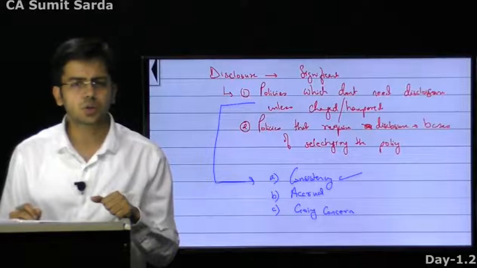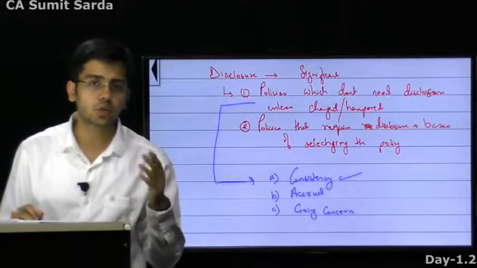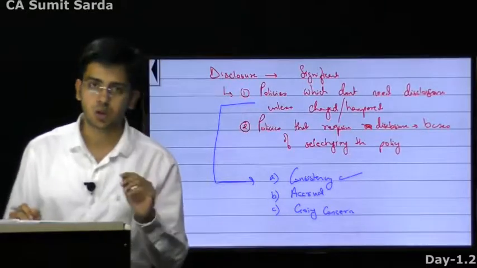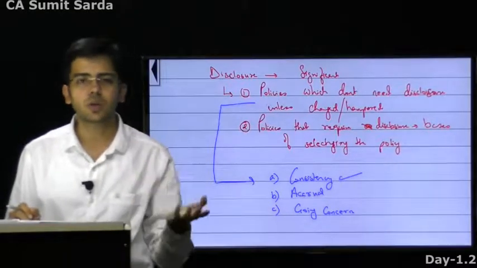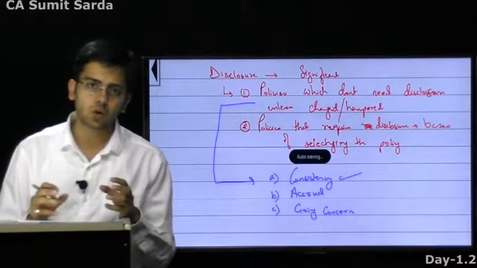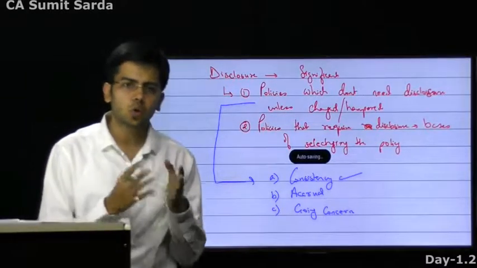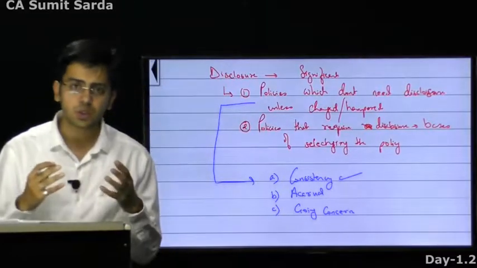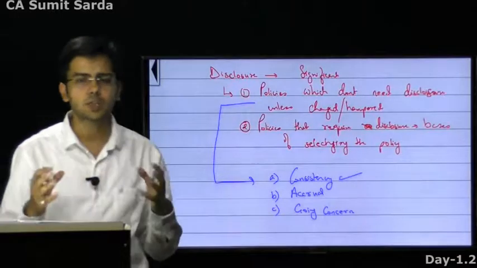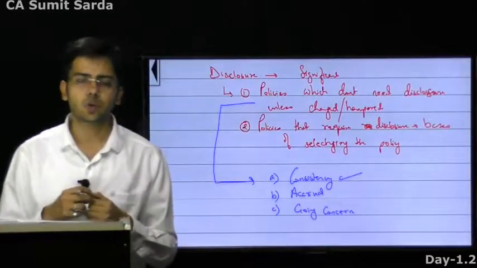Sir, why is such an accrual concept followed? Because if in future the goods were not even ready, the sale would need to be reversed. So why do such a thing? Record it when the goods will be ready. Okay. So the accrual concept talks about not only income, it talks about receipts as well. It talks about expenses as well. It talks about each and every aspect that is related to profit and loss account.